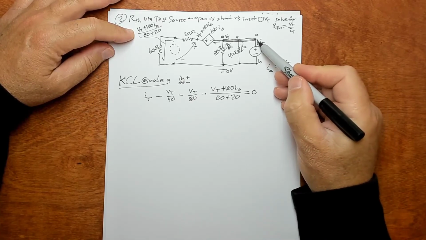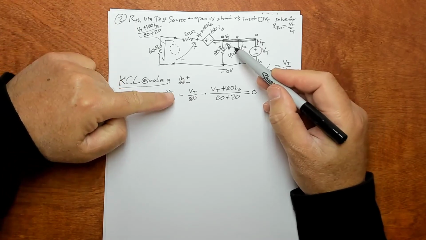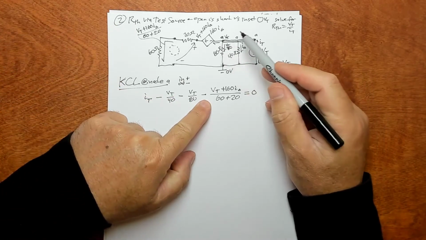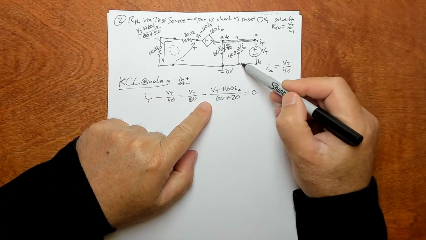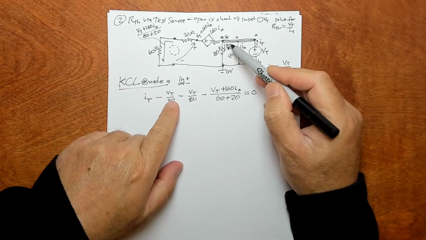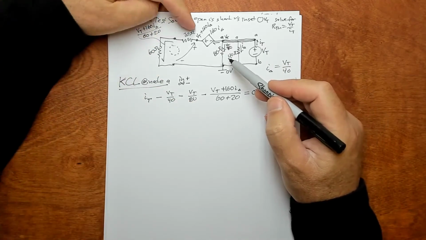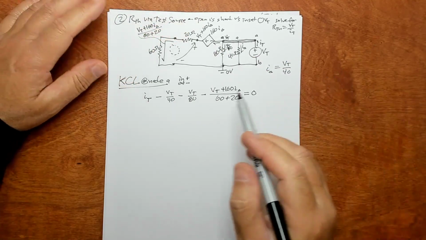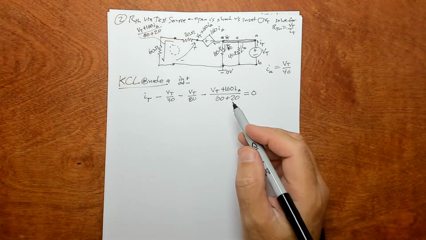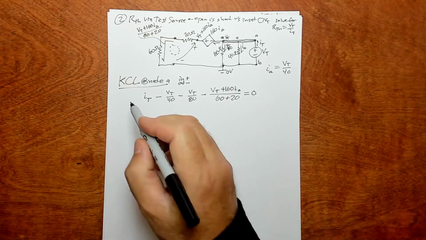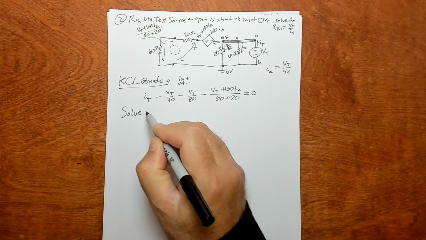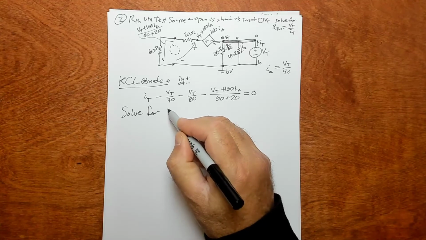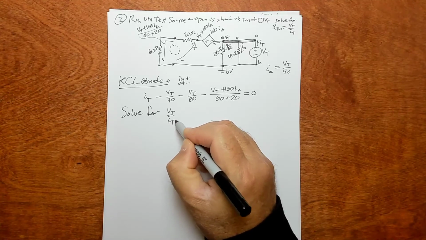I've got in, out, out, out. VT is across these two guys, and VT plus 160 I delta is across these two guys. That's it. So now all we got to do is solve this big mess for VT over IT, and we've got R sub Thevenin.